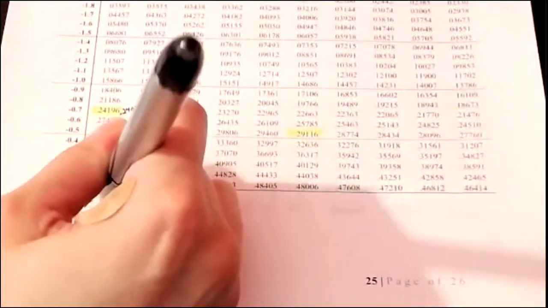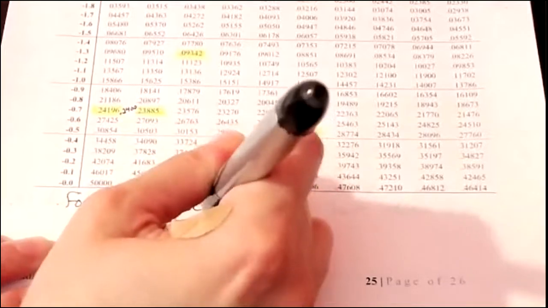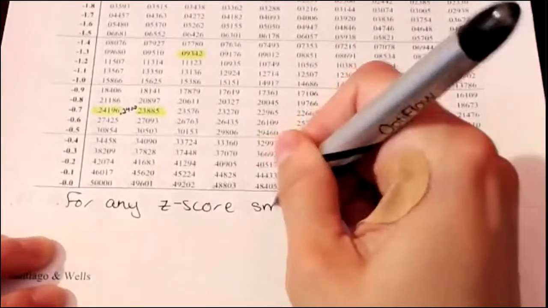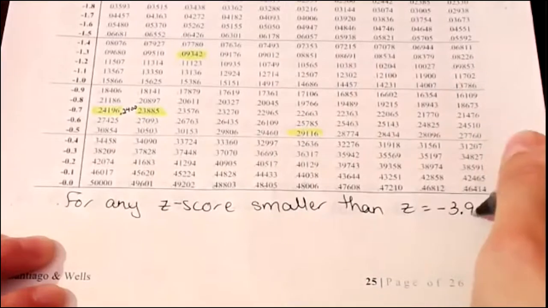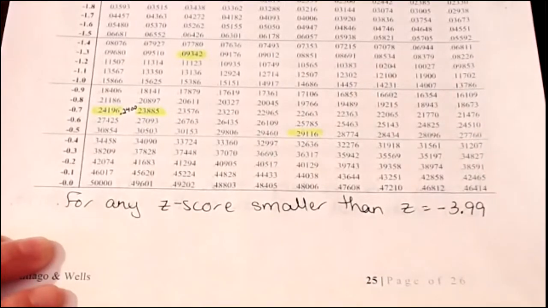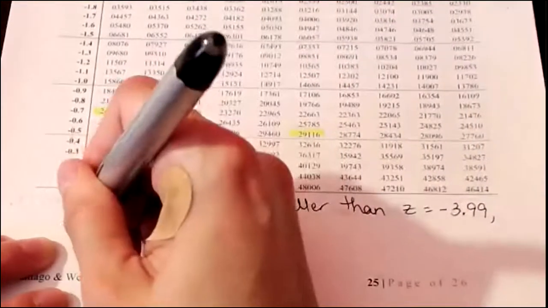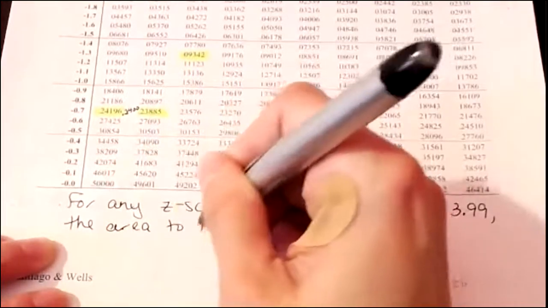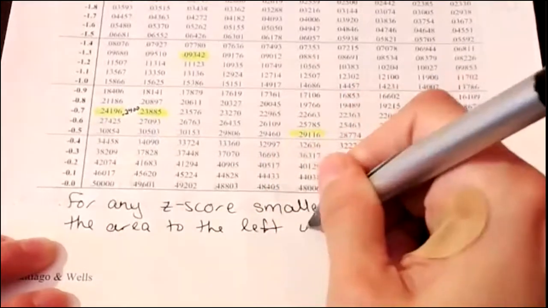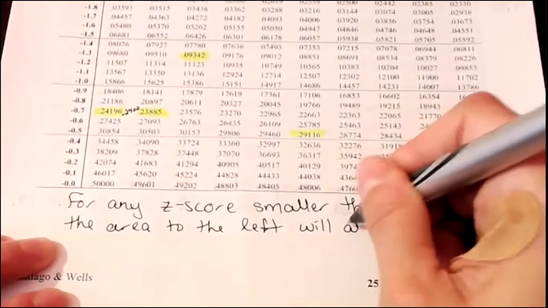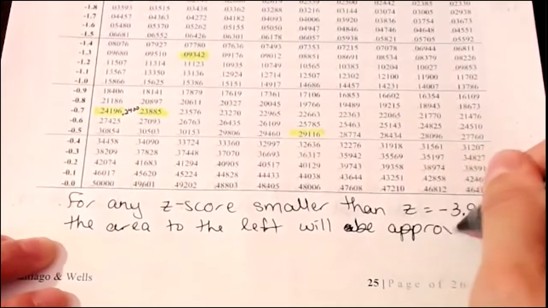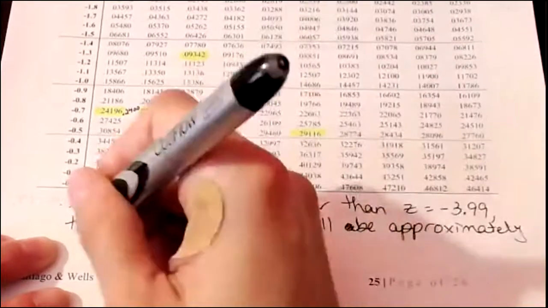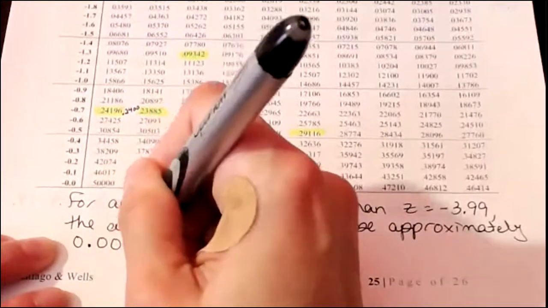For any z-score smaller than z equals negative 3.99, the area to the left will be approximately 0.0001.